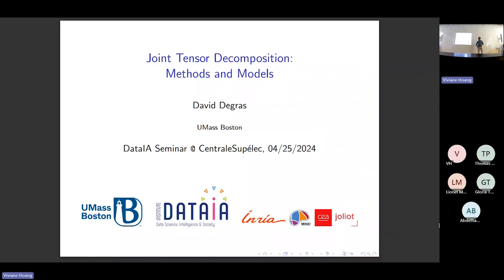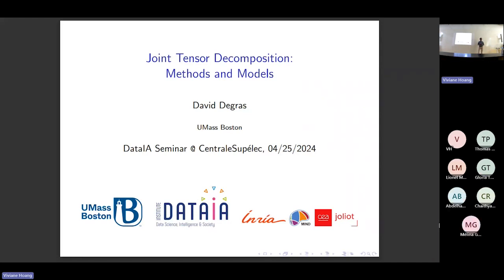Okay, so there are two main themes to my presentation today. One is the integration and fusion of data when you have multiple data sources collected on the same subjects and try to find the shared information between those data sources. And the other theme is tensors.